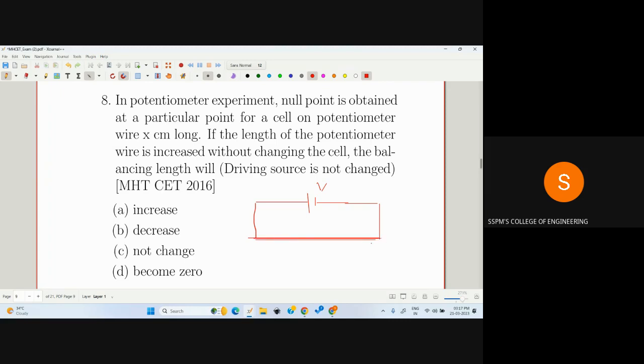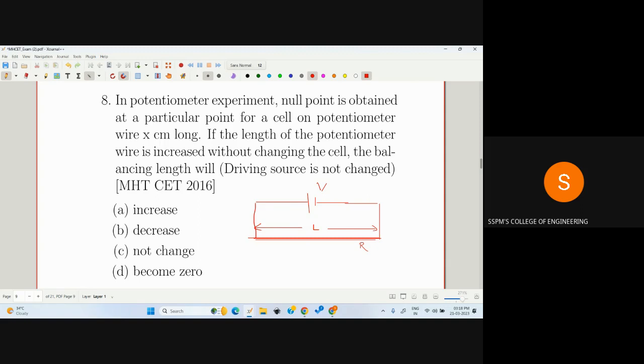This is your copper wire of uniform diameter. The length of wire, let's consider L. L will be the length of the wire. And let's consider R is the resistance of the wire.